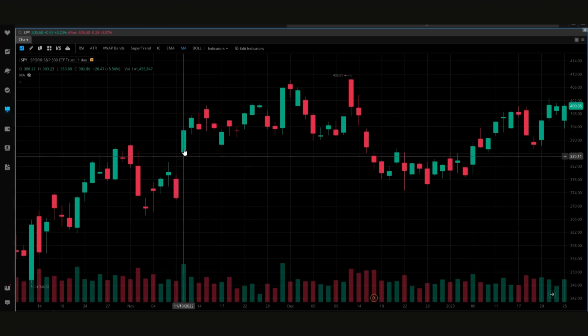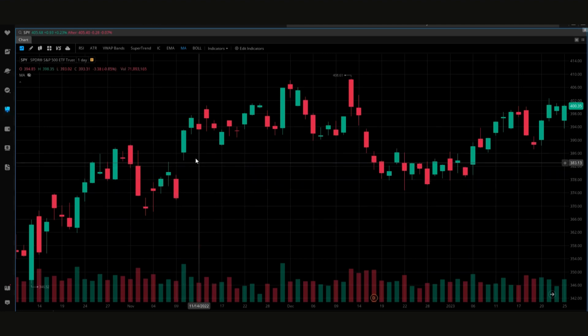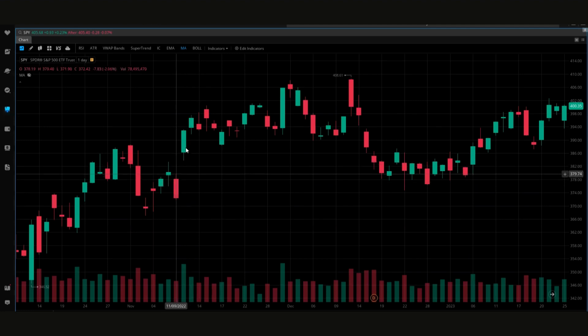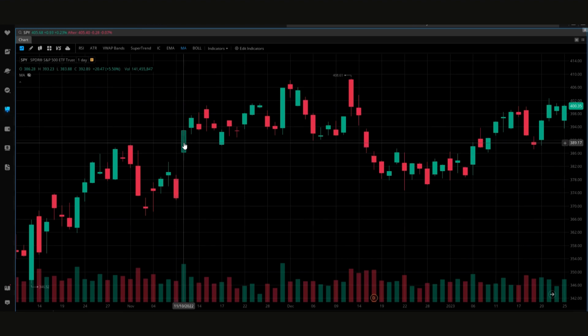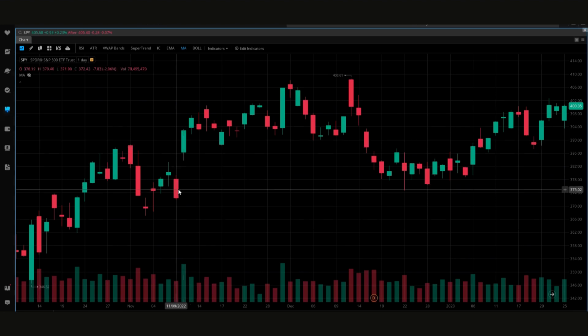And then the next day, it gapped all the way up. It left a spot to be filled here and literally just gapped up in price. So it closed the previous day at 372.42. It opened the next day at 386.28. That's a fairly big difference.